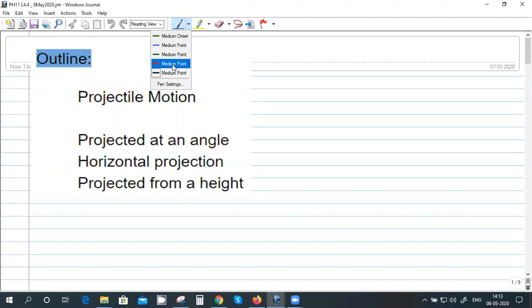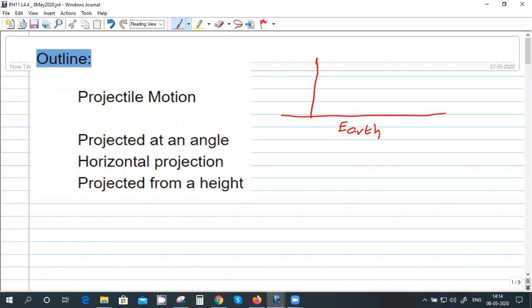Any idea? No, sir. Okay, this is the Earth's surface. If I throw a ball vertically up, it goes and comes down, right? So this is a 1D motion or 2D motion?